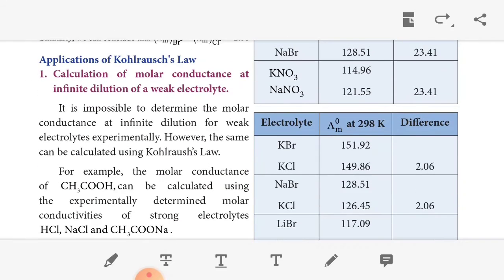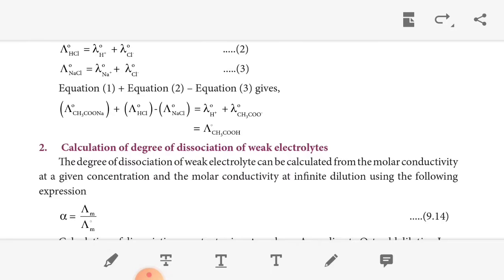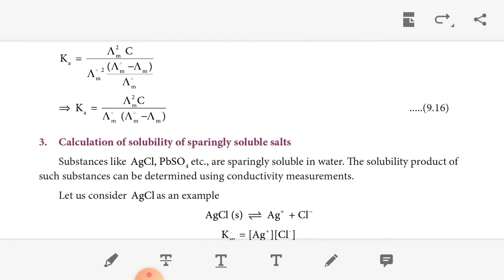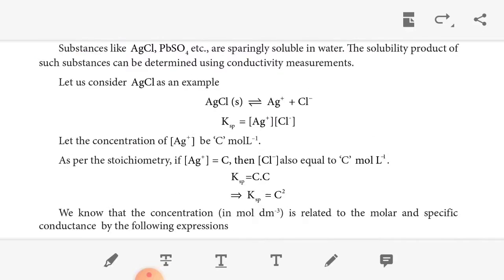The first is the calculation of molar conductance at infinite dilution of a weak electrolyte, such as acetic acid, calculated using the molar conductivity of strong electrolytes HCl, NaCl and sodium acetate. The second is the calculation of the degree of dissociation of a weak electrolyte. The third is the calculation of the solubility of sparingly soluble salts. So these are the applications of Kohlrausch's law.